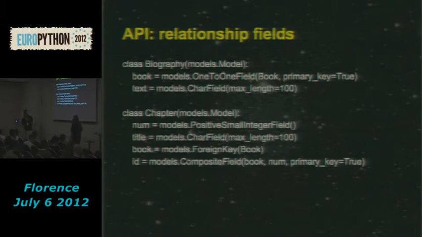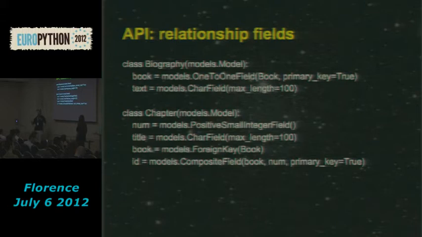In the example of the chapter, you can see that the composite field takes only two fields, but if you remember the book has two columns, so we can see only two fields in this model, but three columns exist. One is the number, one is the book author, and one is the book name.